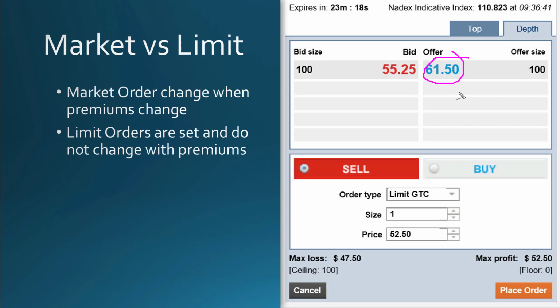A limit order will only enter when that price is touched. For example, even though the sell price is at 55.25, because the limit order is 52.50, the order will not be filled until the price reaches 52.50. It's a big difference between market versus limit orders, okay?